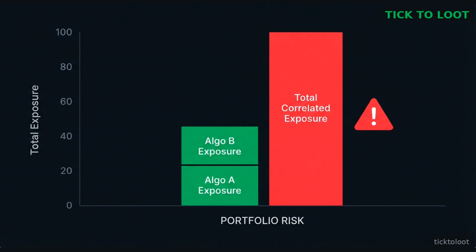A common beginner mistake is to look at each algorithm's performance in isolation, assuming the risk is limited to the individual settings. In reality, the combined effect can push your account close to margin limits without any warning. For example, imagine Algo A has a $1,000 long position on pound sterling to Japanese yen, and Algo B, unaware of it, also opens a $1,200 long position on the same pair at the same time.